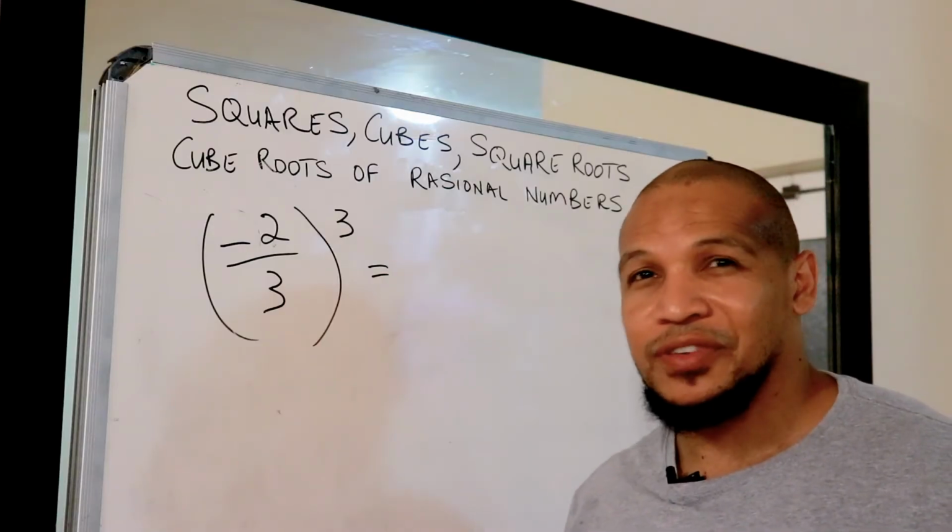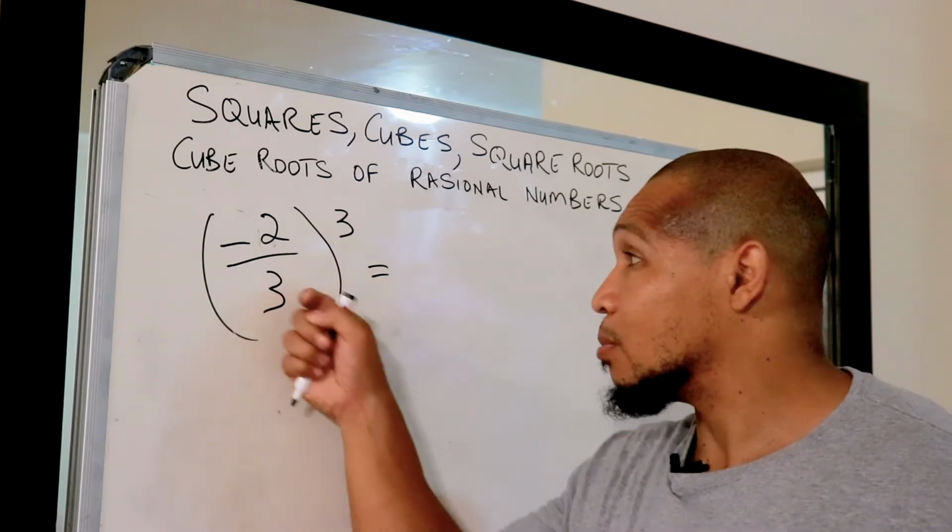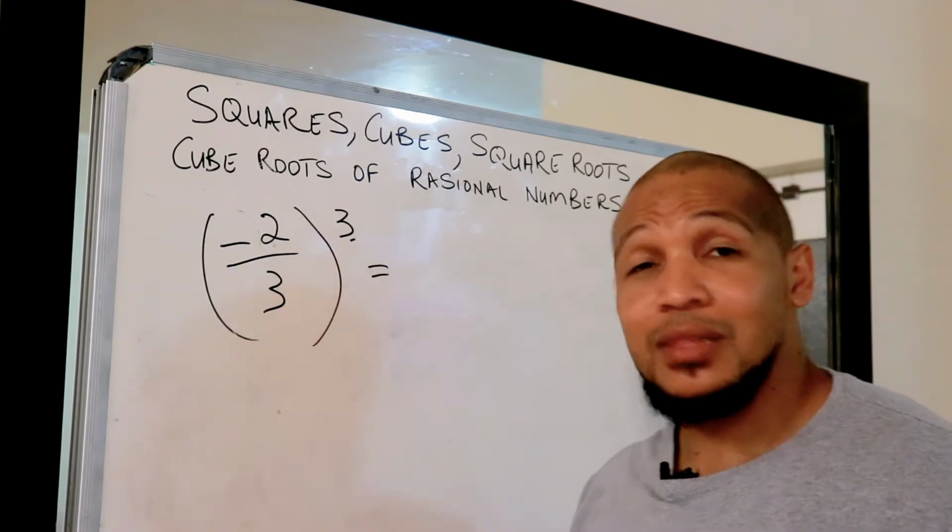This maybe looks a bit more difficult, but in actual fact it isn't, because we just stick to the rules. What does it say? Multiply this number 3 times.